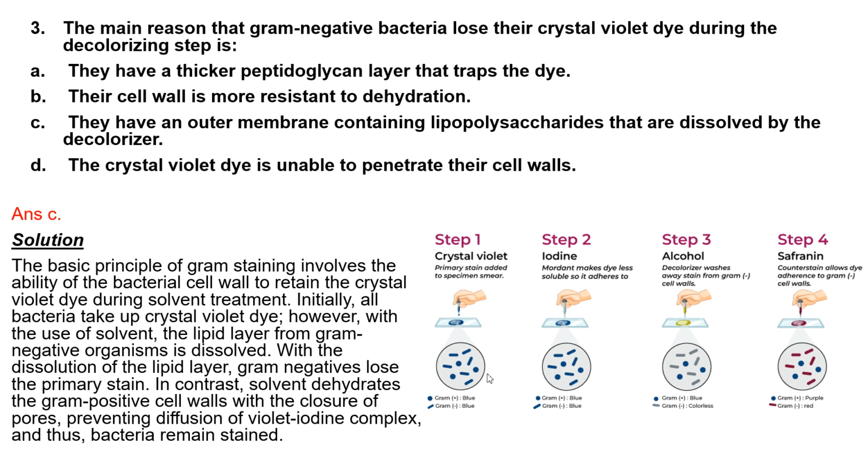So because of the loss of this layer, the gram-negative bacteria lose the blue color, and then you have to counterstain with safranin. Okay. I have shown this in the figure, step one, step two, step three, step four. So yeah, I will move forward.